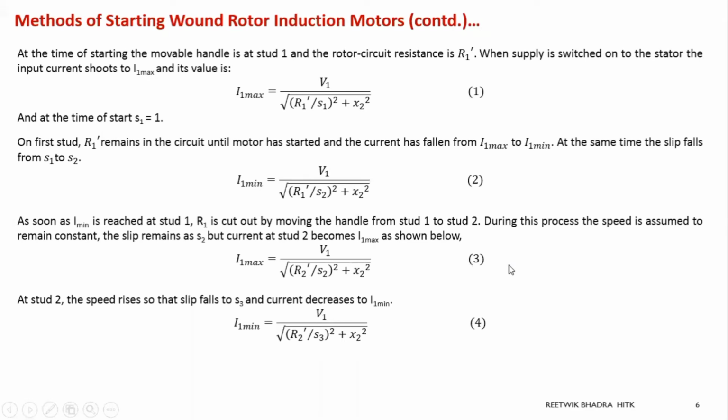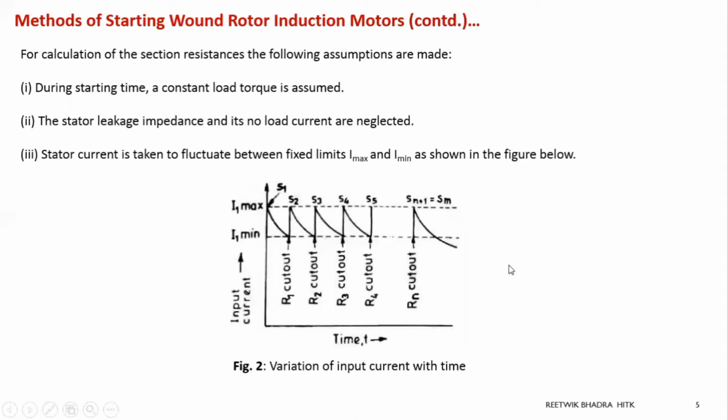Now at the starting, at this time of starting, when the handle is at start one, the rotor has a circuit R1 dash. As soon as we give the supply, there will be some minimum microseconds for this R1 to come into action and bring the current to a lower value.